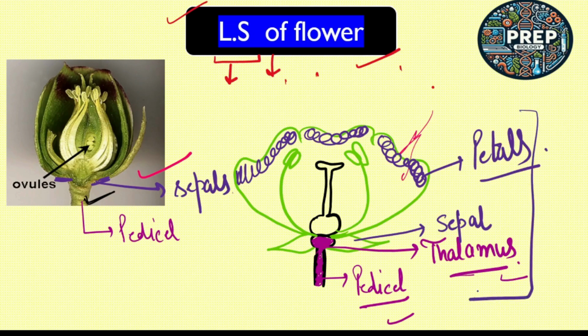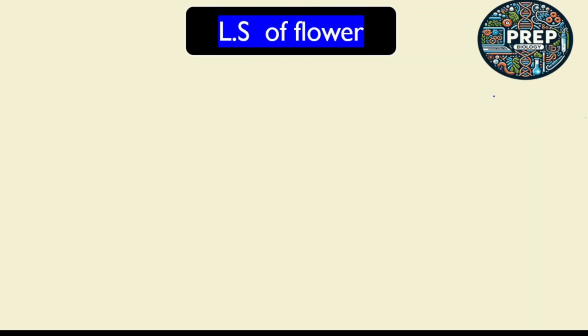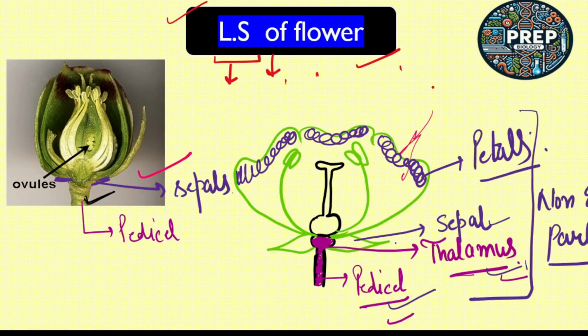These all parts, pedicel, thalamus, sepal and petal come under non-essential parts. Is it clear? These are non-reproductive parts, that is non-essential parts, which are petals, sepals, thalamus and pedicel.